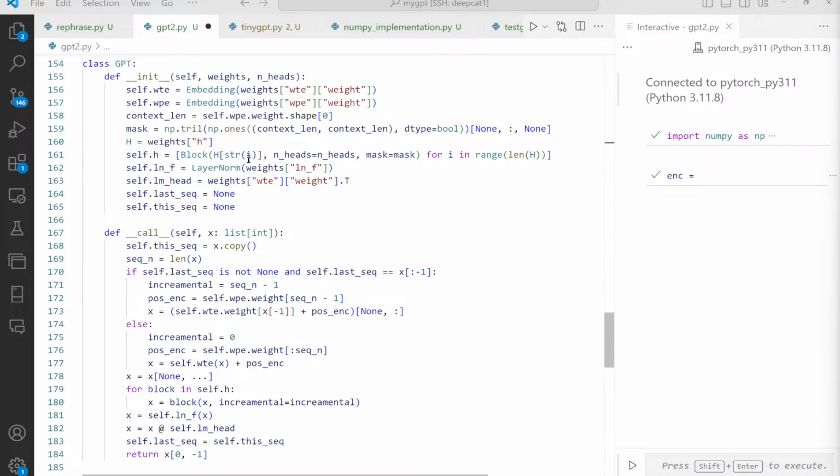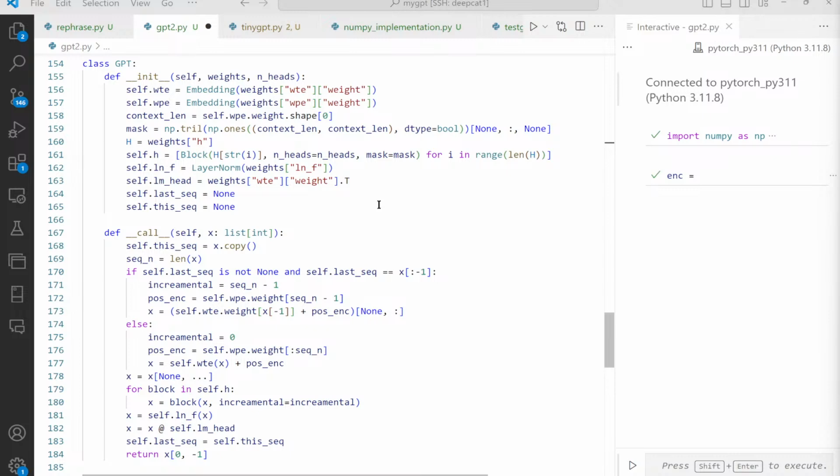So we construct our blocks, because GPT stacks several different transformer blocks together. We read the spec of our blocks and stack them together to become our self.h. And finally, there is a layer norm and the LM head to produce our output.